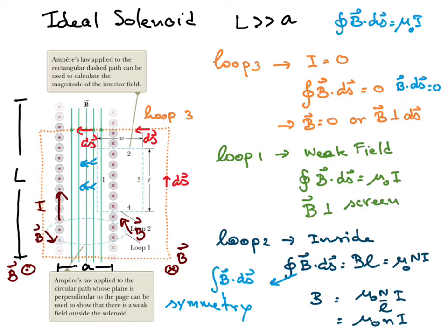And also we know that the magnetic field must be perpendicular to this ds, and for the magnetic field perpendicular to this ds, we have two choices.